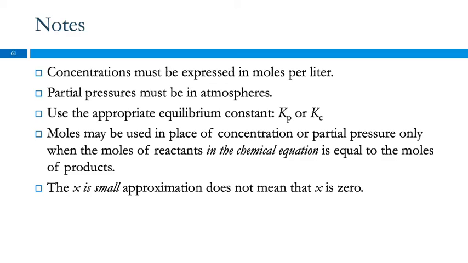The x is small approximation does not mean that x is 0. x is never 0. It might be 1 times 10 to the minus 57. That's still not 0, right? There may be problems where you're given pressures and Kc, or you're given concentrations and Kp. And then you have to either convert your K or convert your concentration or pressure.